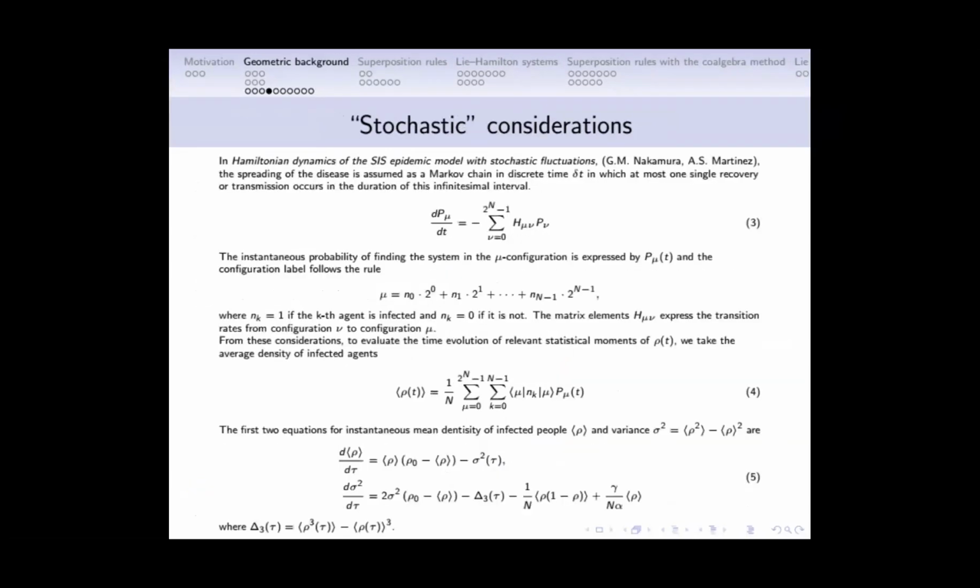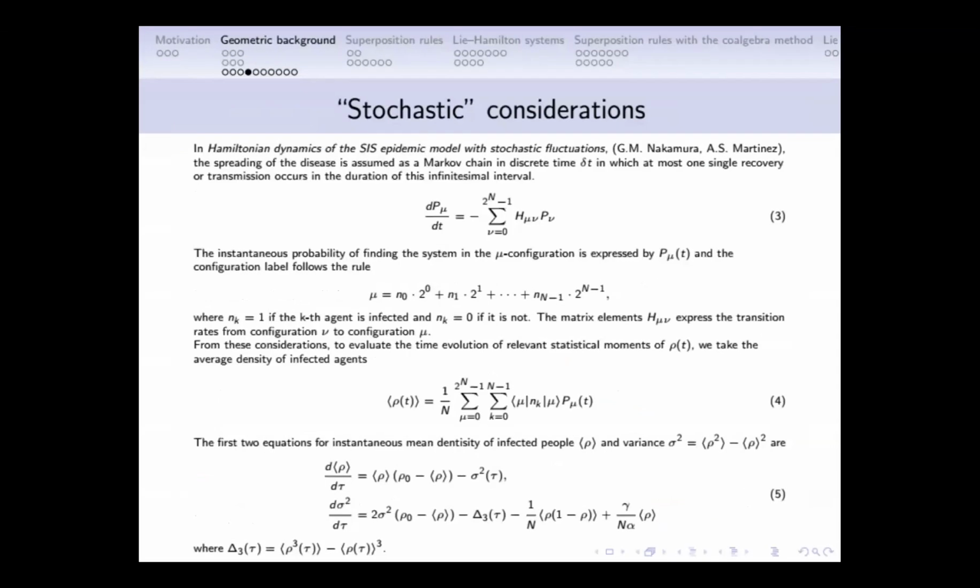So from this paper, Hamiltonian dynamics of the SIS epidemic model with stochastic fluctuation by Nakamura and Martinez, what they do is not really a stochastic expansion. What they do is just to suppose the spreading of the disease as a Markov chain in discrete time. And in this time, at least one single thing happens.